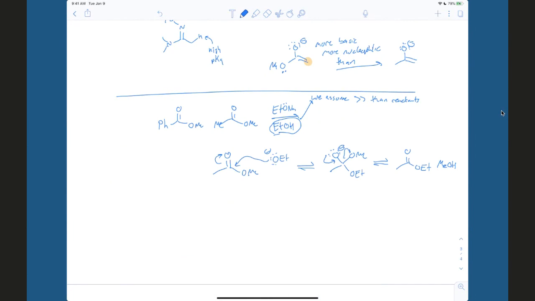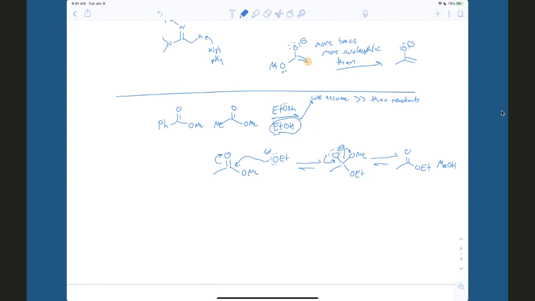So since this is going to be an equilibrium going back and forth, the side of the equilibrium that's favored is a side that essentially has more of the alcohol. So since we have a lot more ethanol than the amount of methanol we produce, that means that this whole process will be very much shifted in the forward direction.